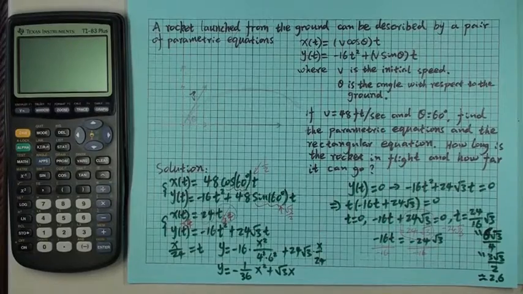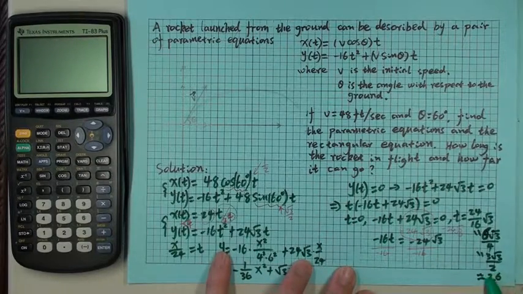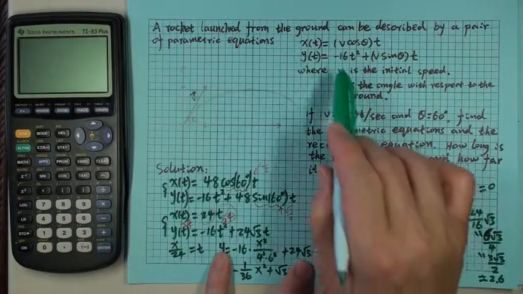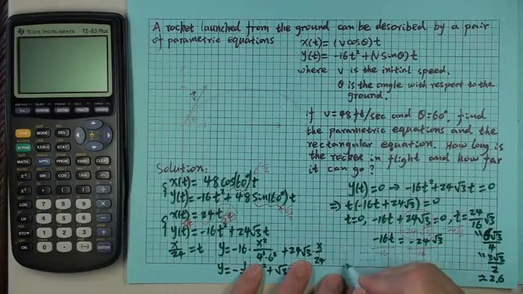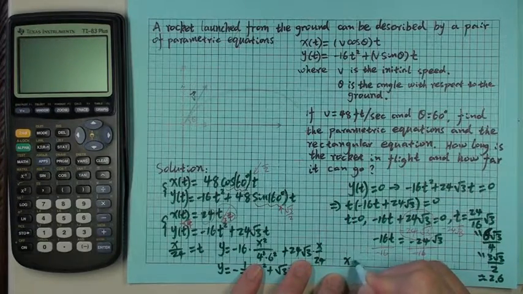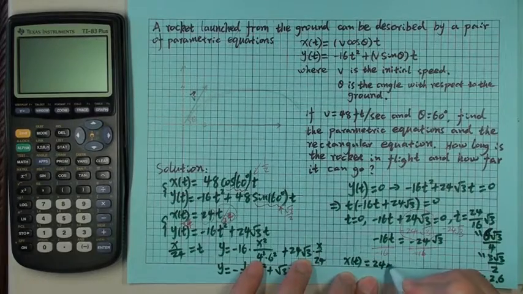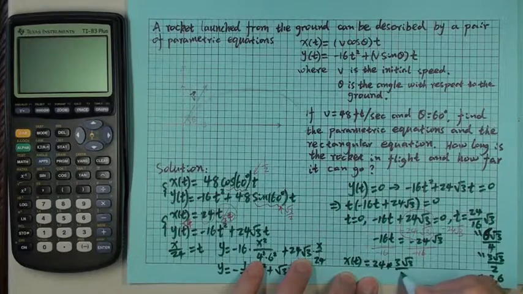Now, how far can it go? This is the amount of time in the sky, and horizontally it will last 2.6 seconds. This is the horizontal function, x of t. So x of t will be 24 times 3 radical 3 over 2.